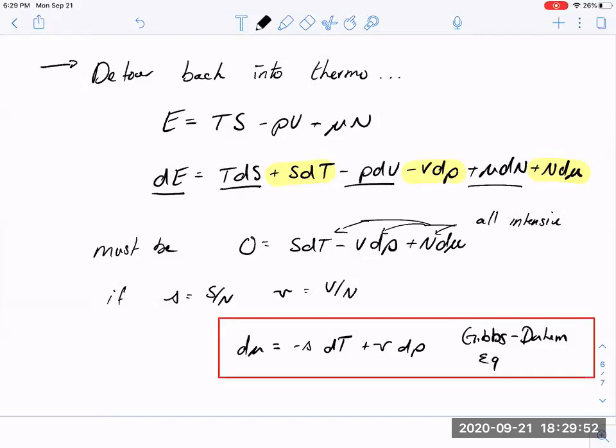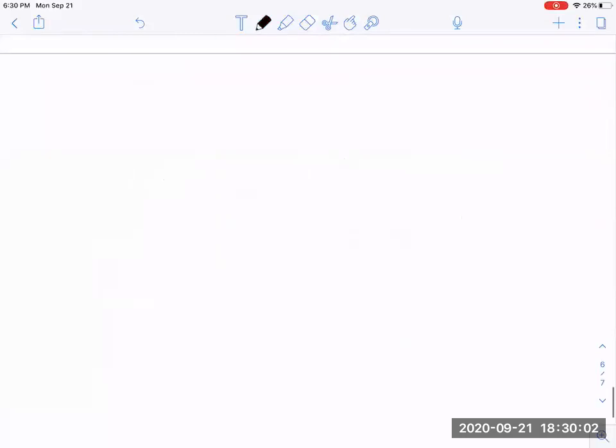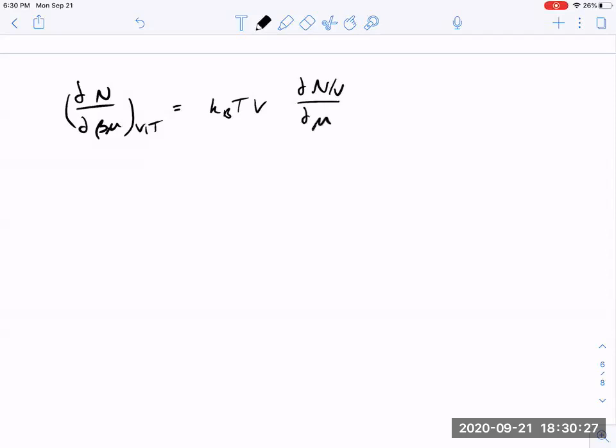Well, because the Gibbs-Duhem equation will give us insight into what this factor here means: dN d beta mu at fixed V and T. If I pull the beta upstairs and multiply and divide by a factor of the volume, which I can do because the volume is fixed, that gives me dN over V d mu at fixed V and T. That is nothing but the density.